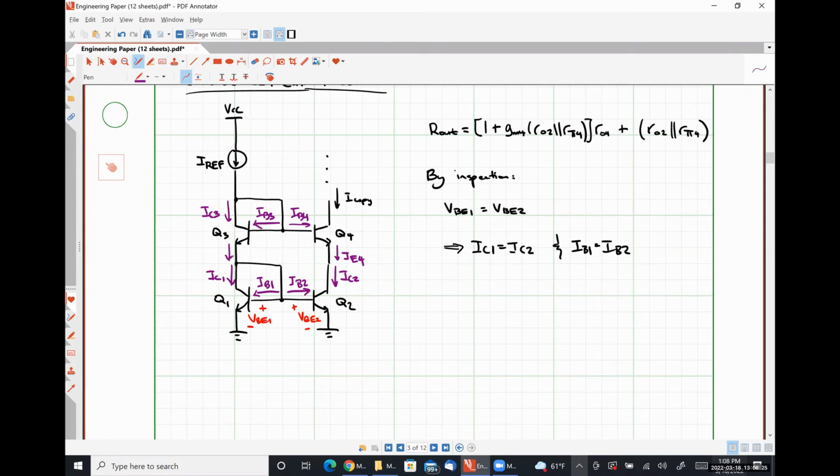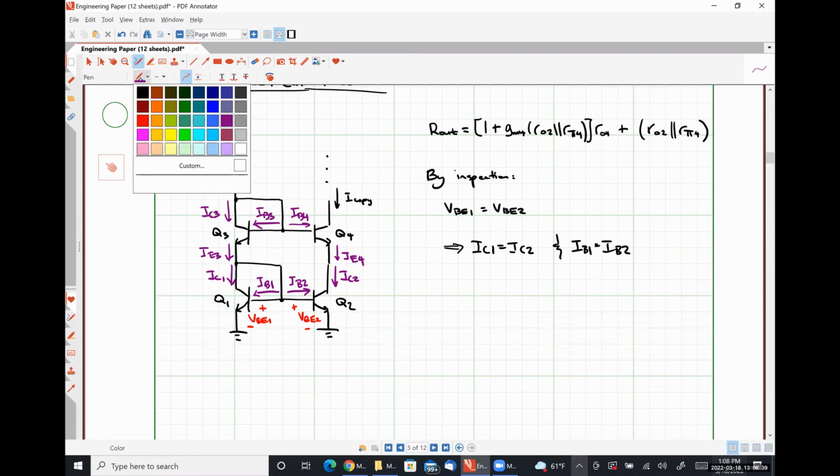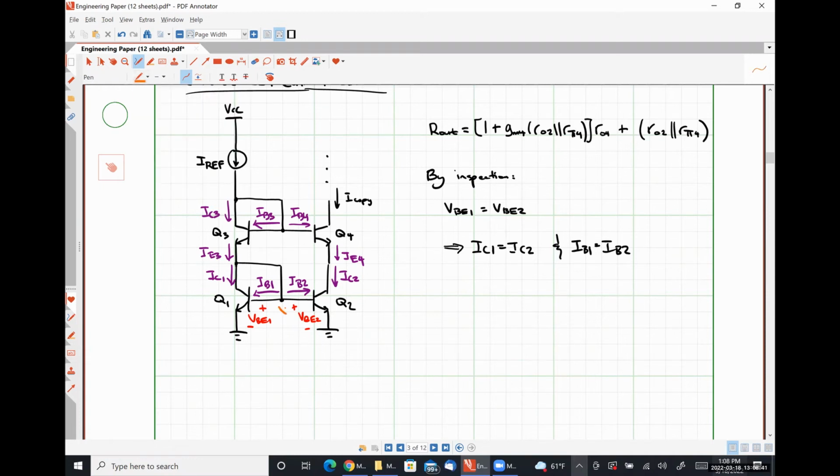And this guy here is IE3, and I believe I've got everything, yeah. Okay. So I'm going to call this node X, this node Y, and this node Z. We're going to wind up applying KCL at all three nodes and then algebraing our way into a relationship.